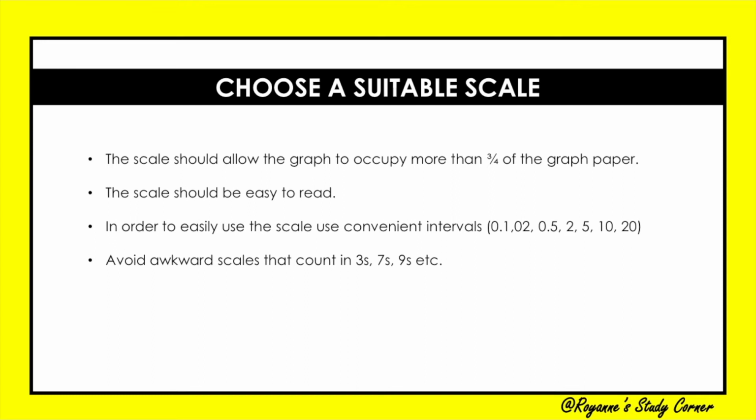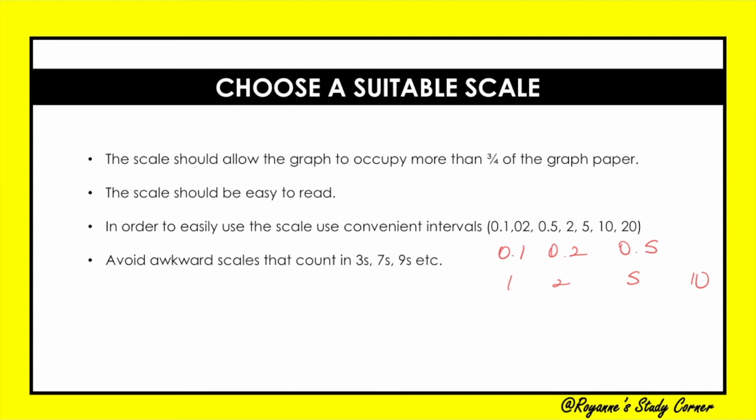Now, in order to make the scale easy to read, we tend to stick with convenient intervals. So I always advise students to stick with things like 0.1, 0.2, 0.5, 1, 2, 5, 10. These are really easy to work with.